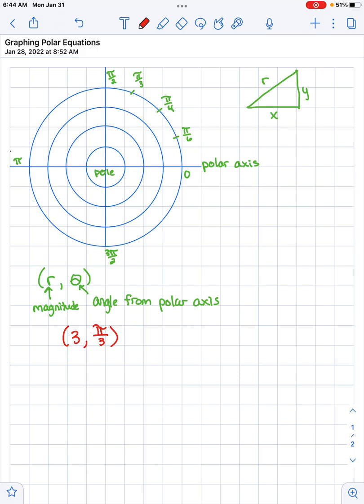So we start at the pole, start at the polar axis, and we sweep around to pi over 3, and from there we go out 3 concentric circles, like so. So that's the point 3 comma pi over 3. We're on the line pi over 3, we're 3 circles out from the pole. I'll just label this as a reminder.